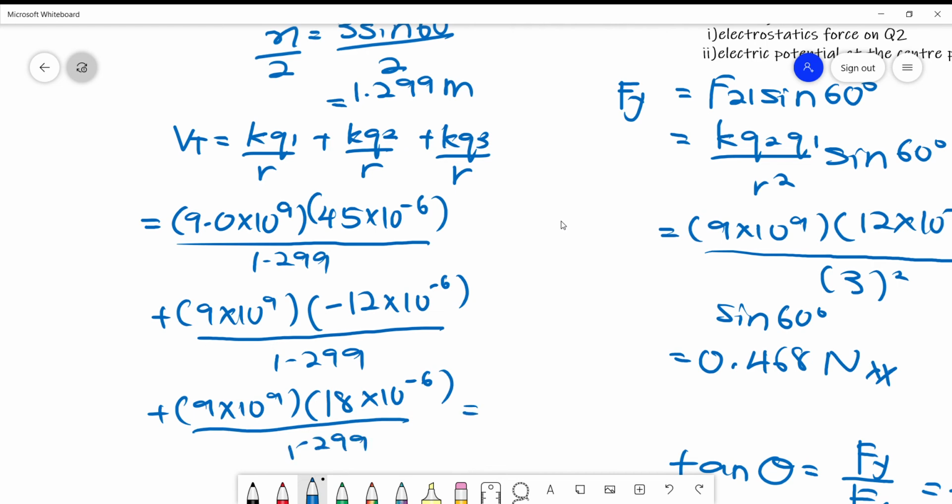So let's see whether it's correct. 45 times 10 to the power negative 6 over 1.299, plus negative 12 times 10 to the power negative 6 over 1.299, plus 18 times 10 to the power negative 6 over 1.299, all times 9 times 10 to the power 9.